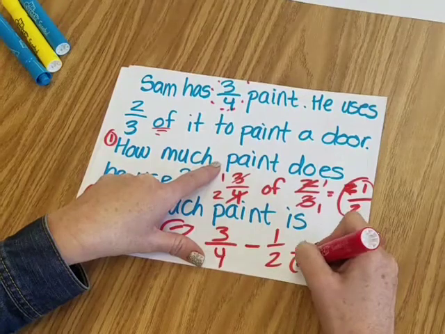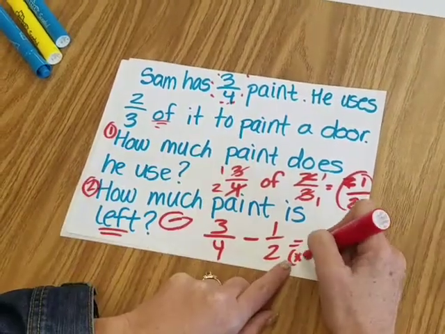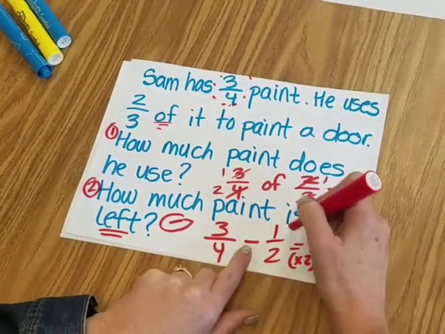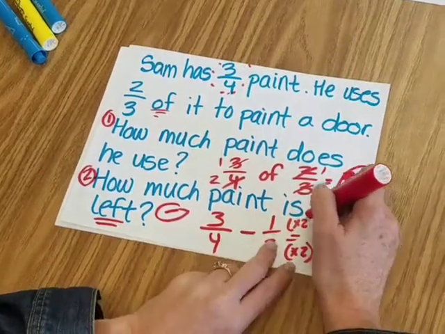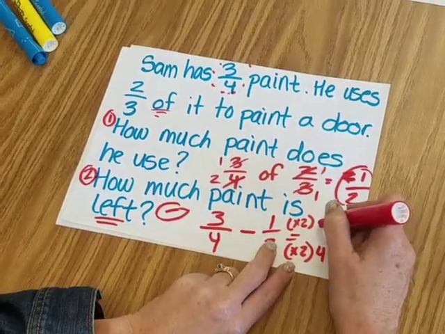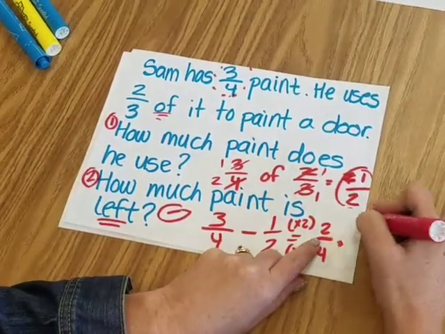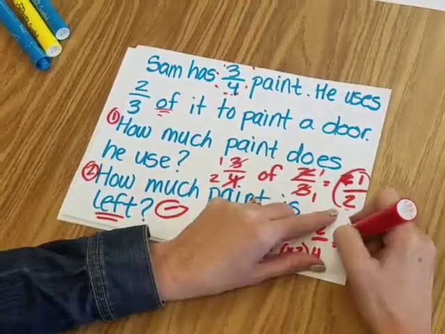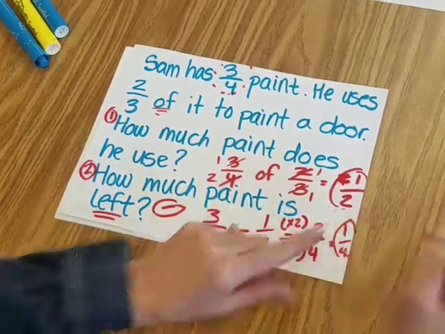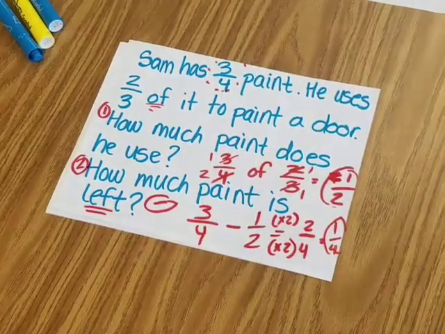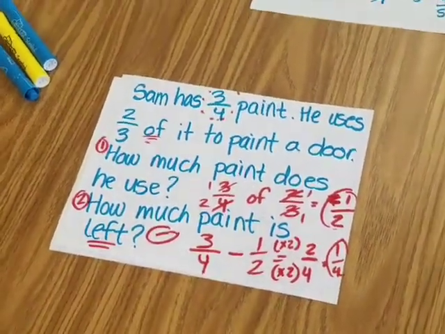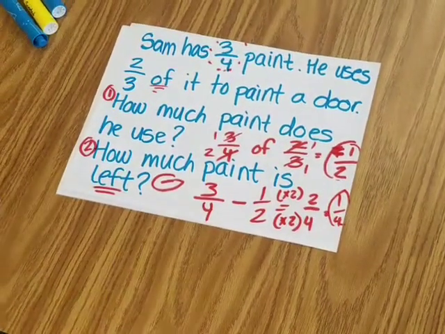So I have to multiply this by 2 to get 4. Multiply this by 2 to get 2. Now I can say 3 minus 2 is 1. And then my denominator doesn't change, 1/4. I'm going to show you another easier way to do this, and that's through a model.